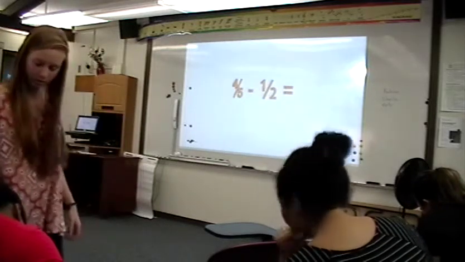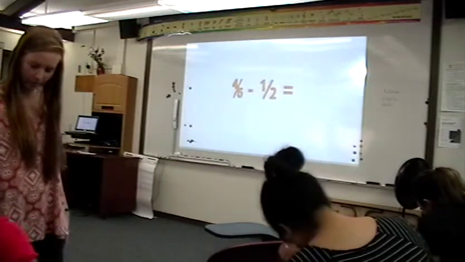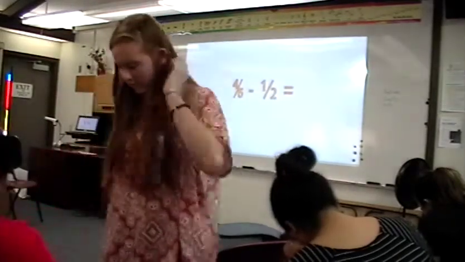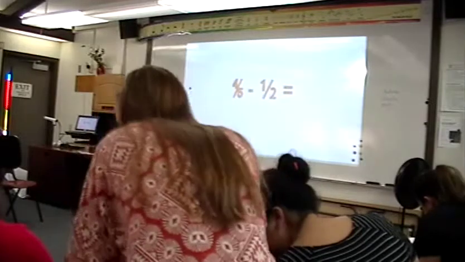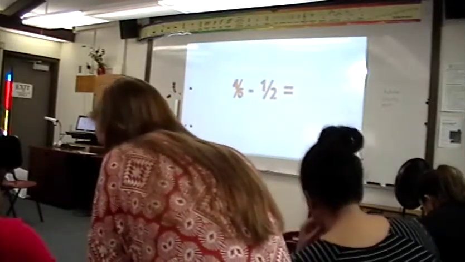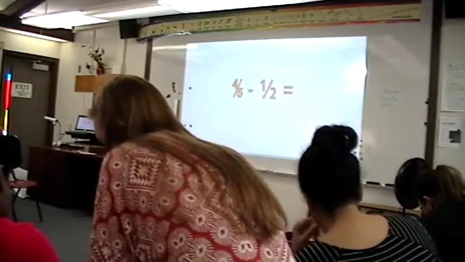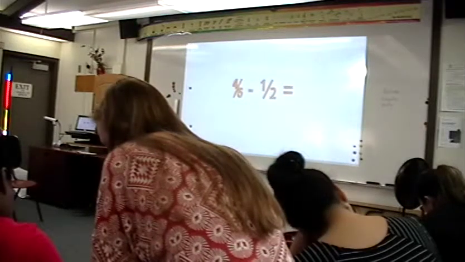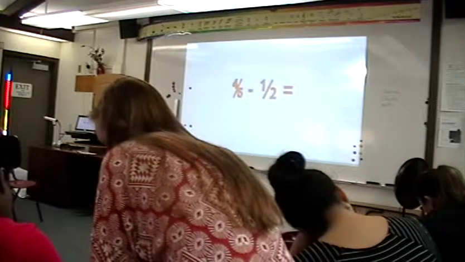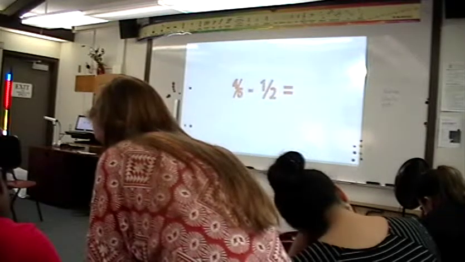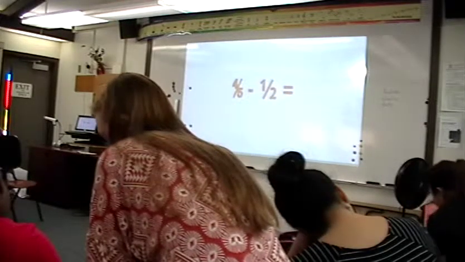How are you doing, Vicky? Need more help? Okay. So did you find the least common multiple of 4 and 6 is 24? Good. And so to get the 24 from 4, we multiplied it by 6, right?